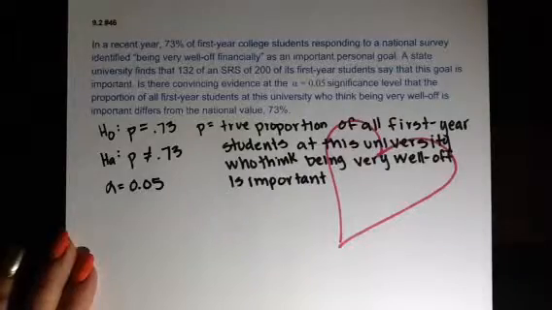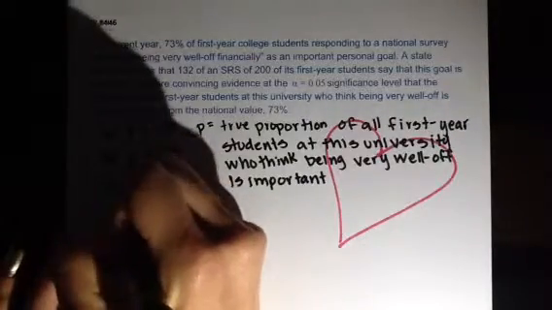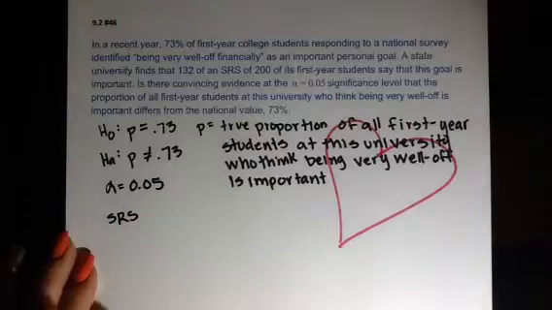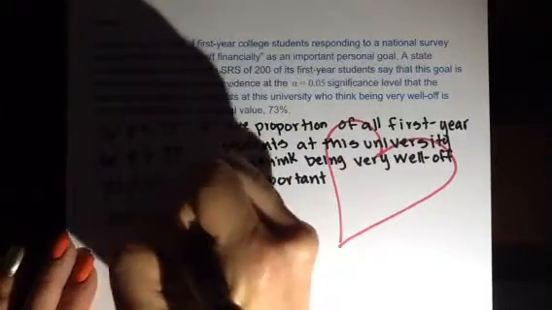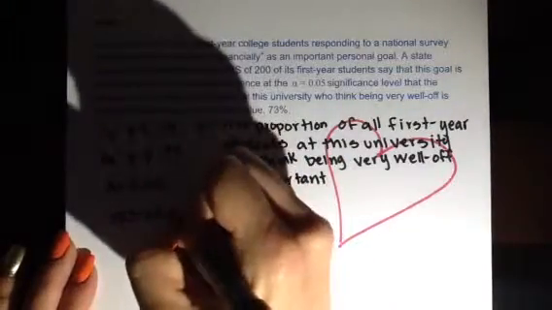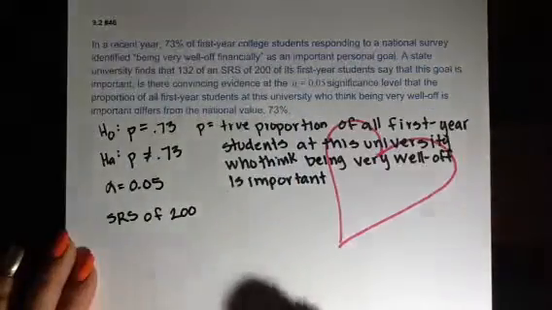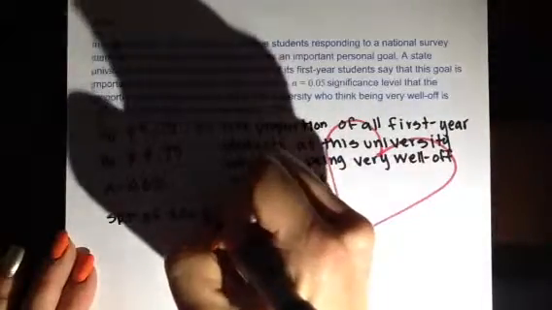Again, we're going to check our conditions. First condition is an SRS, and we know that a random sample of 200 first-year students was taken.